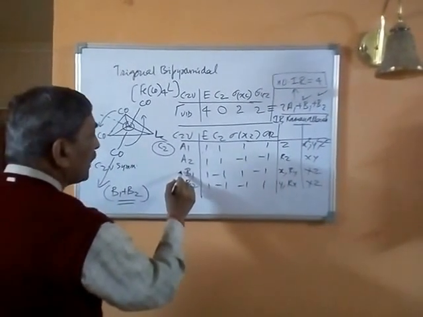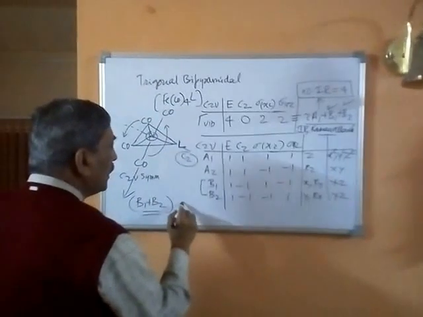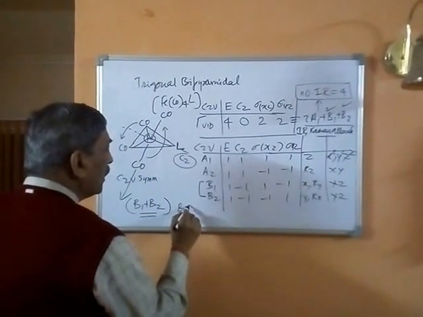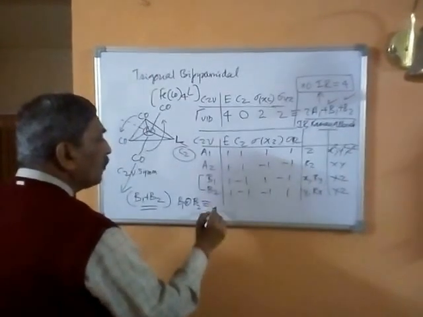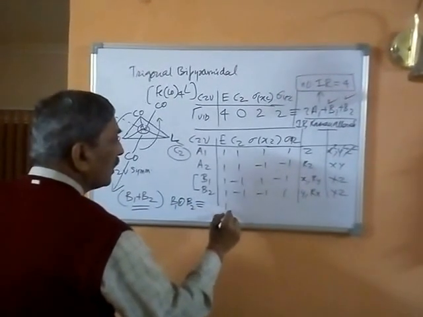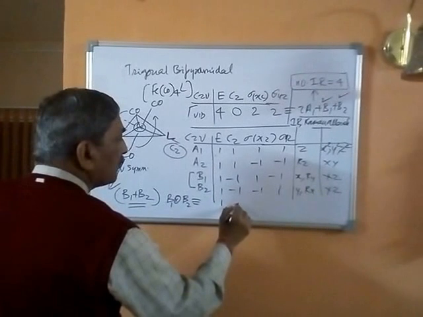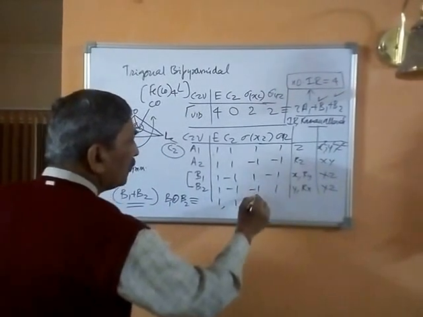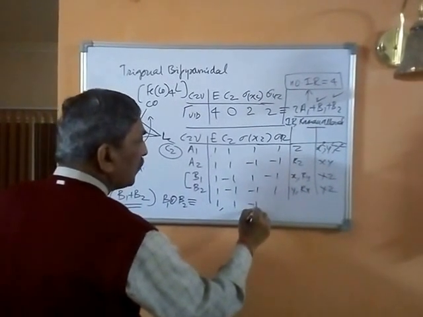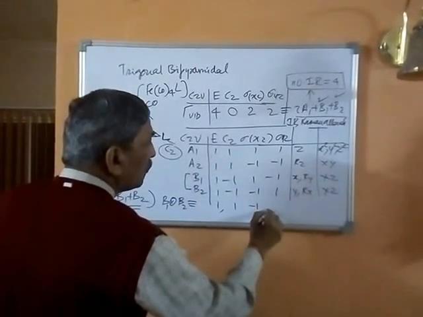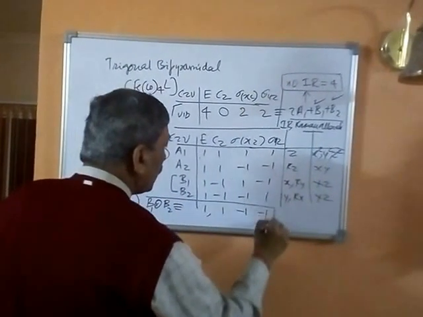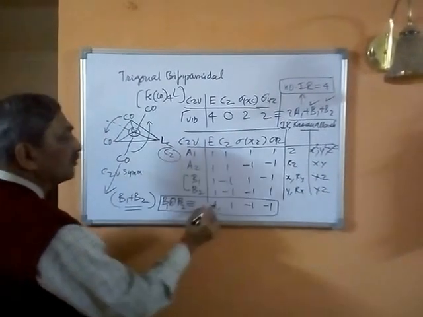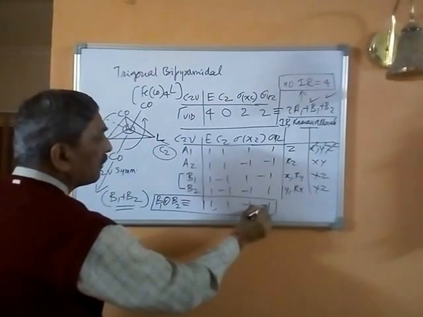Now if you look at the character table, you take the direct product B1, B2, and you can see 1 into 1 will be 1, minus 1 into minus 1 will be 1, 1 into minus 1 will be minus 1, and minus 1 into 1 will be minus 1. So basically the direct product of B1 into B2 is 1, 1, minus 1 and minus 1.